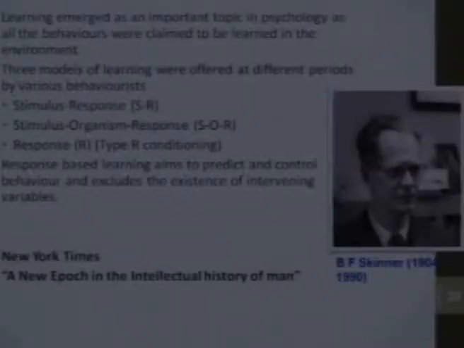First was S-R, which is called S-R psychology. That is, our behaviors are results of some stimulus in the environment, and we only give responses to those stimuli. This system was given by Watson, the first S-R model, in which the organism is no longer there, because they say that the human mind, consciousness and mental processes are not the area that science should deal with.